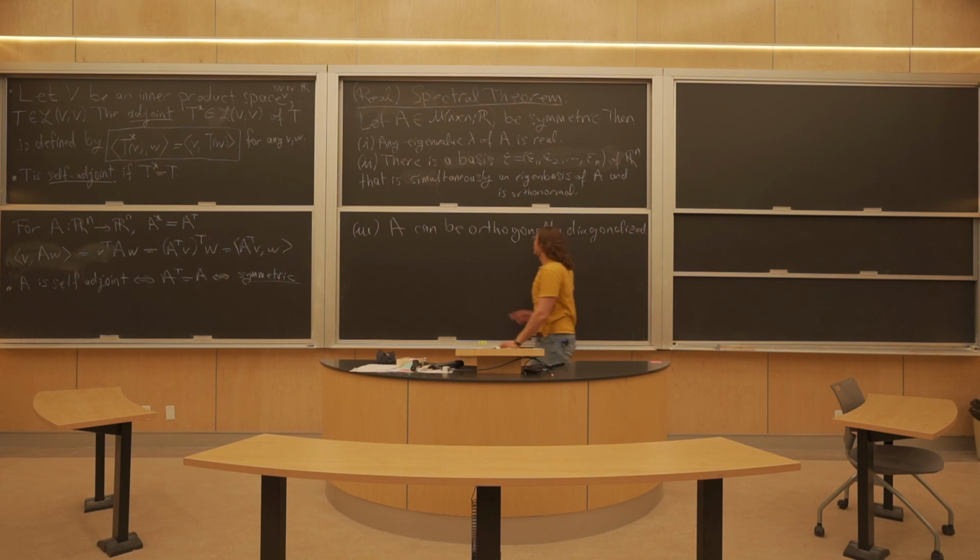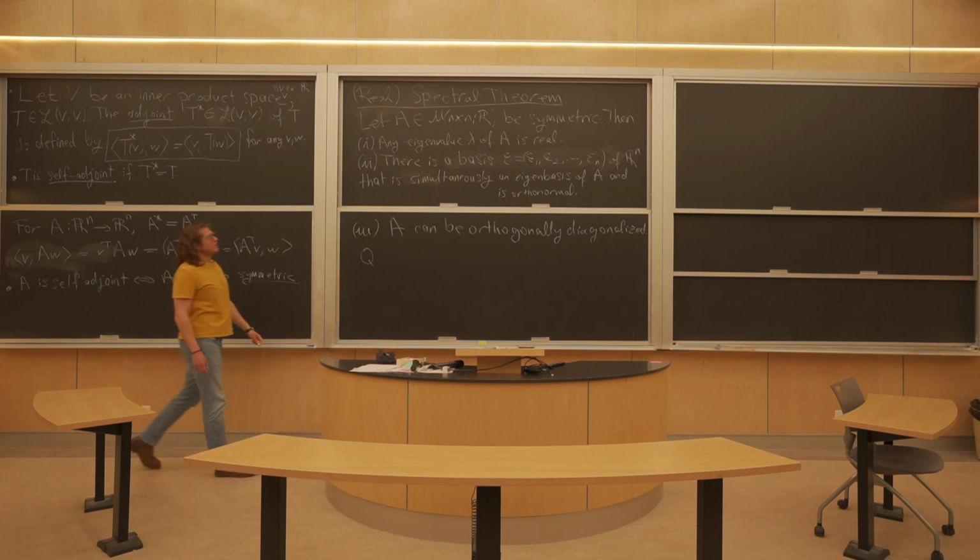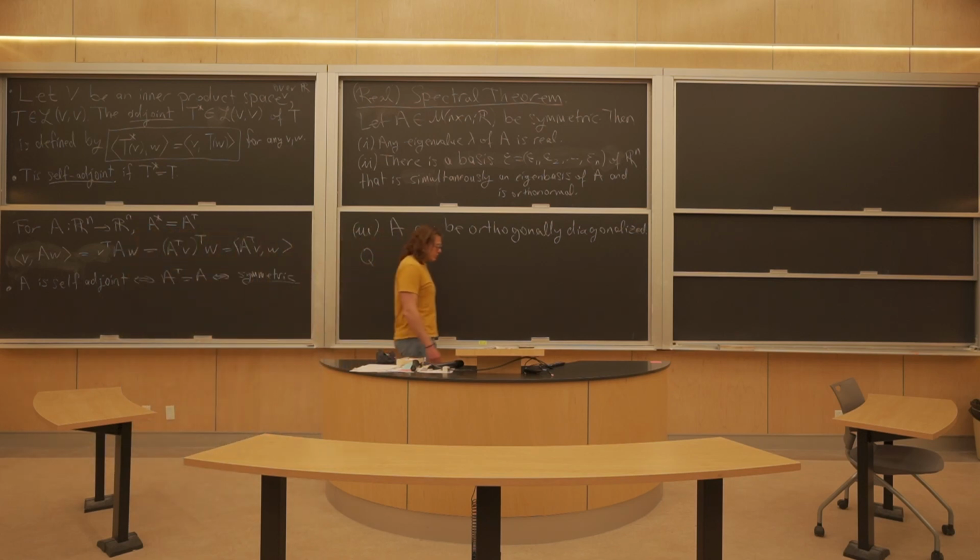Which means that if I were to take these vectors and put them in a matrix Q as columns, the columns of the square matrix would be orthonormal, which means that it would be an orthogonal matrix. So this is an orthogonal matrix.